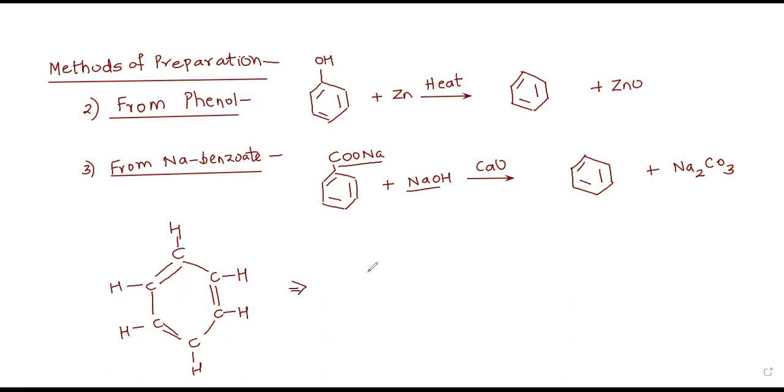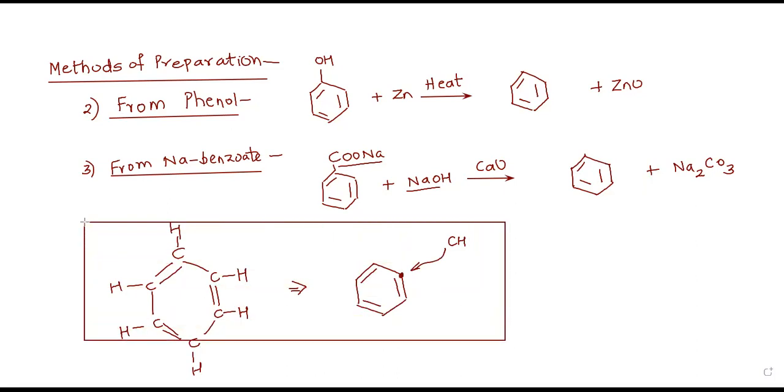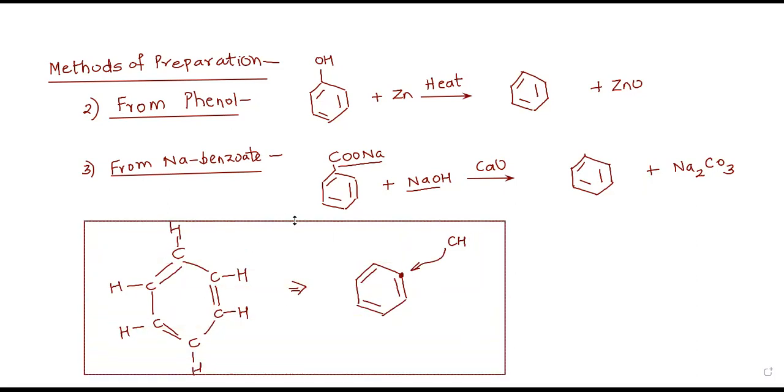So in bond line notation, we just draw a hexagon, draw double and single bond, that's all. So when we show this way, you understand that every point over here means CH. So this is CH, CH, CH, CH, CH, CH. Any doubt in this part? These are your methods of preparation and a little information about structure.